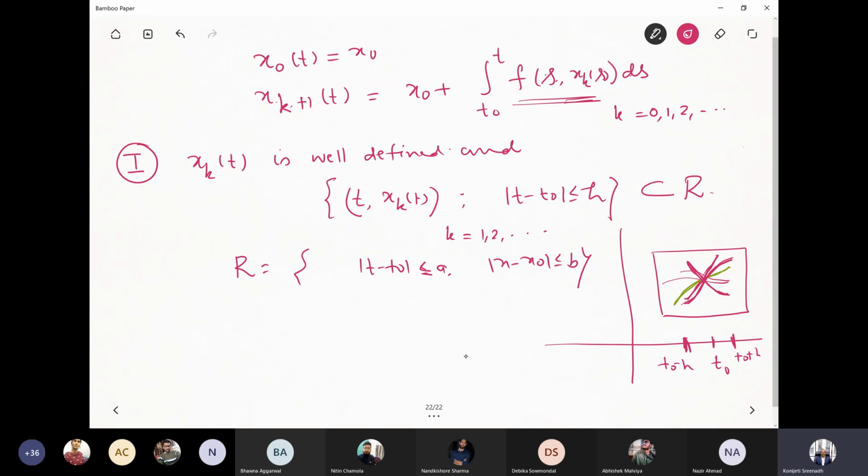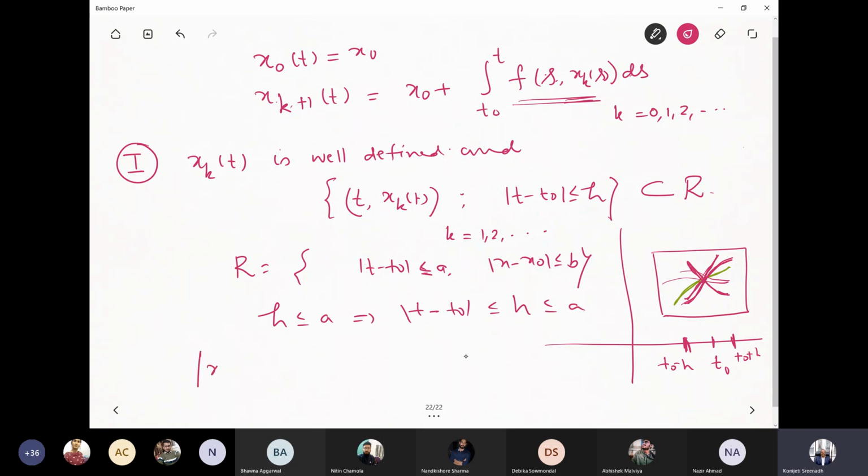Therefore, there's no problem for |t - t_0| less than or equal to a, because h less than or equal to a implies that |t - t_0| is less than or equal to a. So that is trivial from |t - t_0| less than or equal to h, h less than or equal to a. So this part is clear.